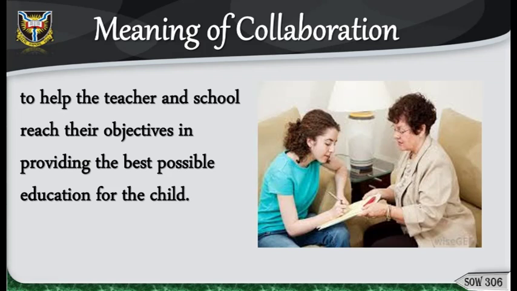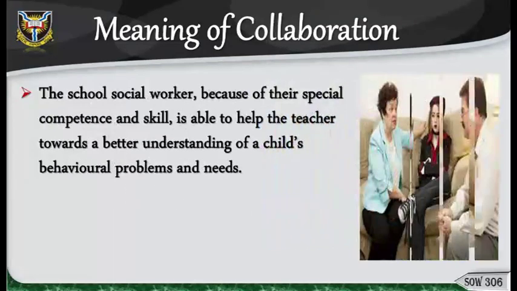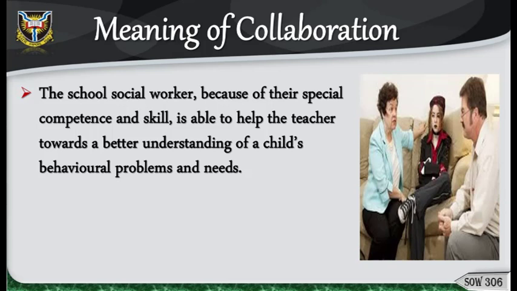The relationship between the child and the teacher, on the other hand, is a continuing, ongoing experience. The school social worker, because of their special competence and skill, is able to help the teacher toward a better understanding of a child's behavioral problems and needs.